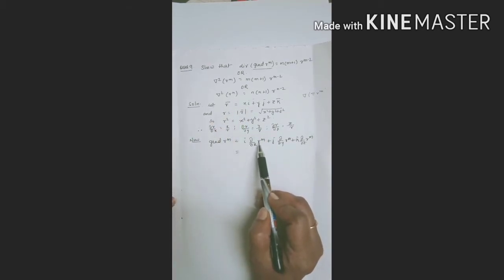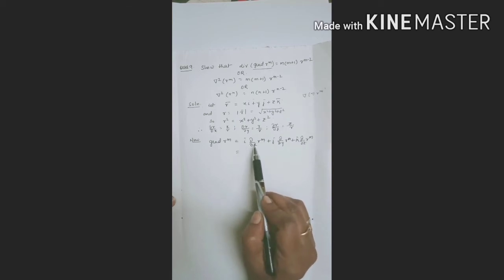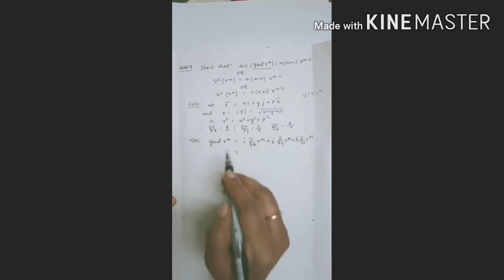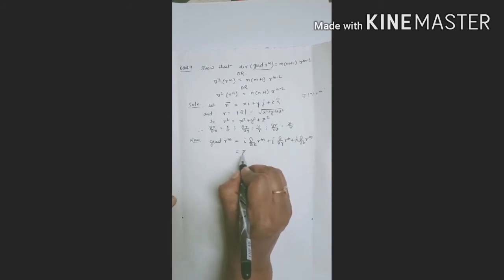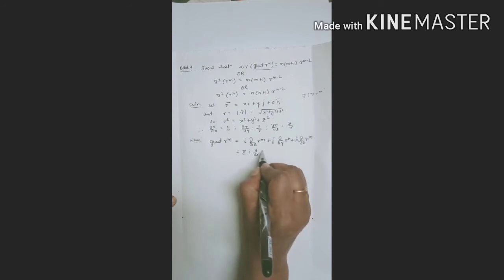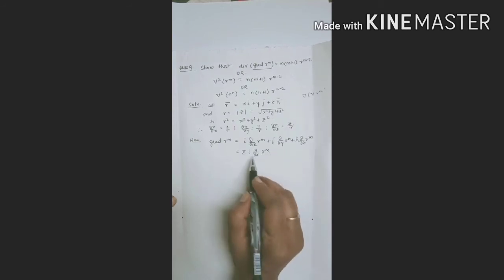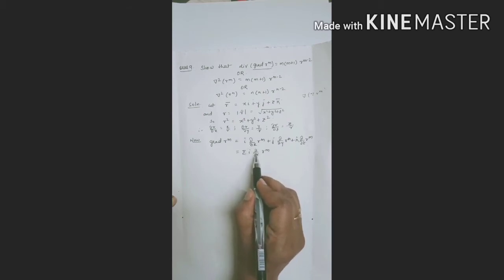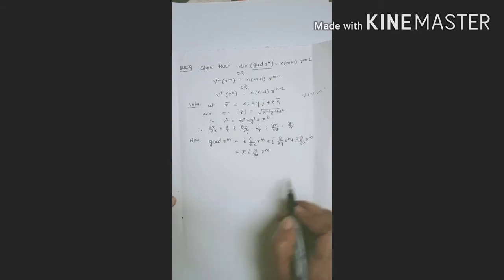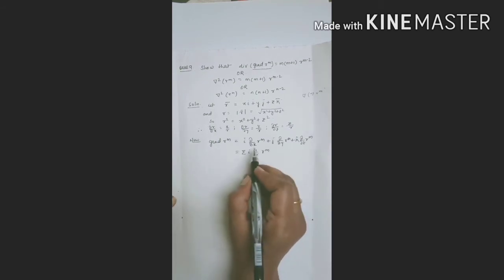Now the same thing, since I have to partially differentiate r to the power m with respect to x, y and z with i, j and k, the same thing I can write as summation i del by del x of r to the power m. Now I will do only for the component i, and I will duplicate for j and k in the last step. Is it clear? Right?